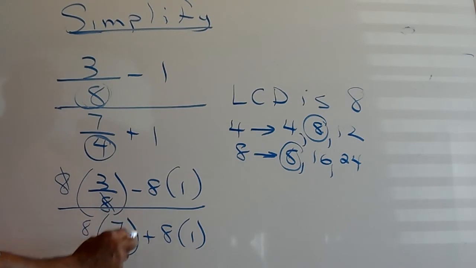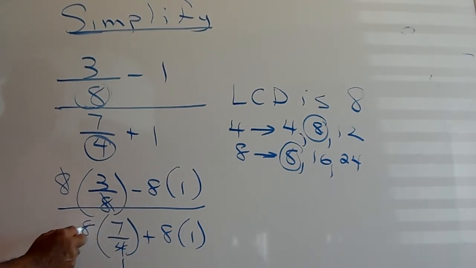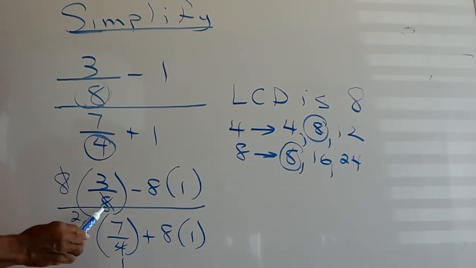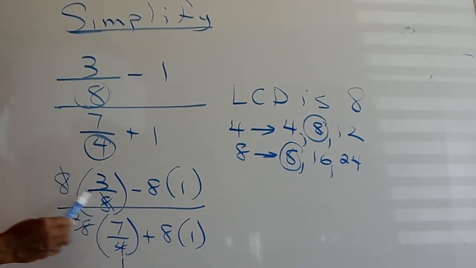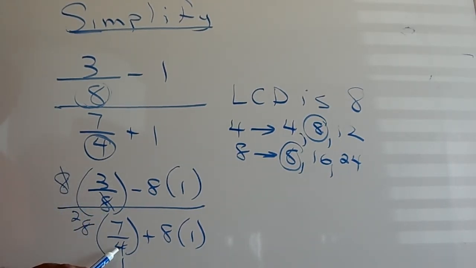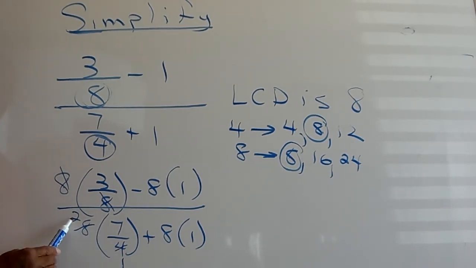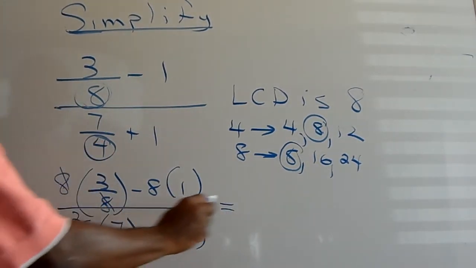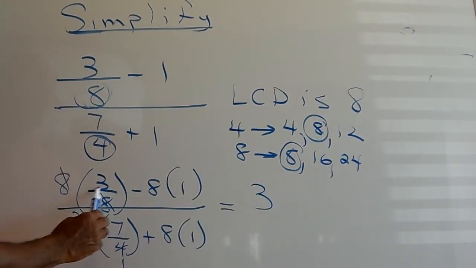But 4 goes into 4 one time, and 4 goes into 8 twice. Okay? So what we're going to do here is get 3. That's all we have left here.